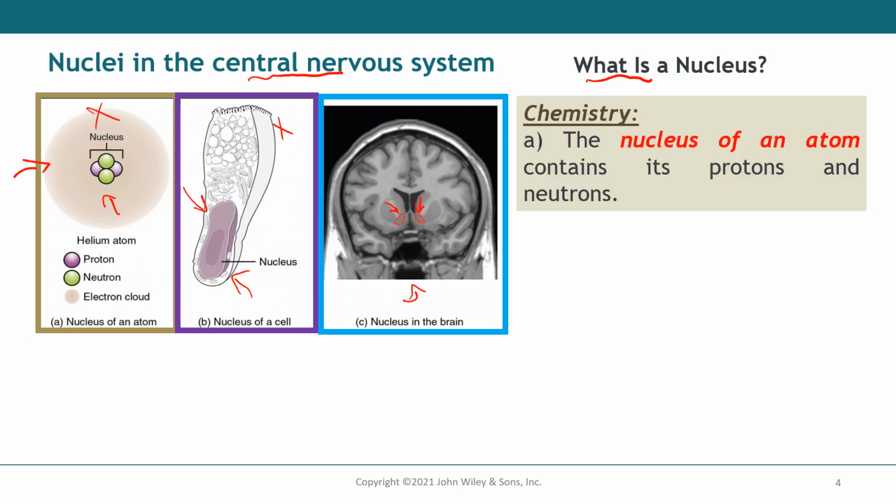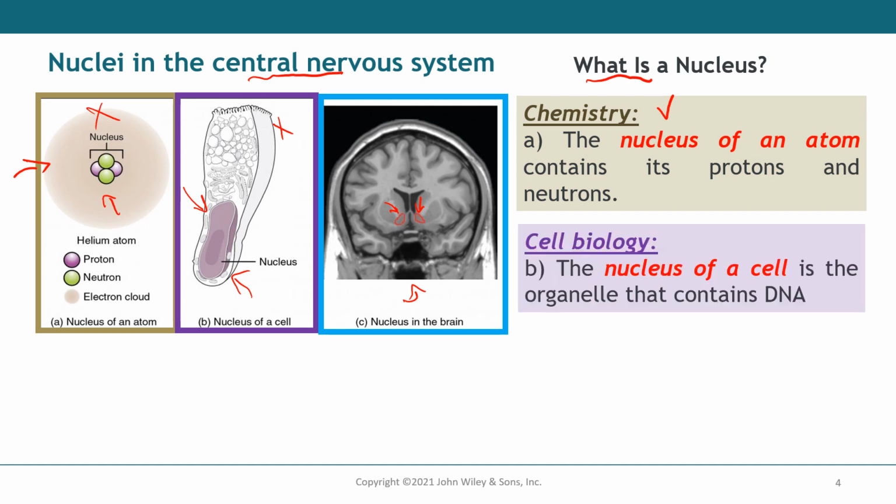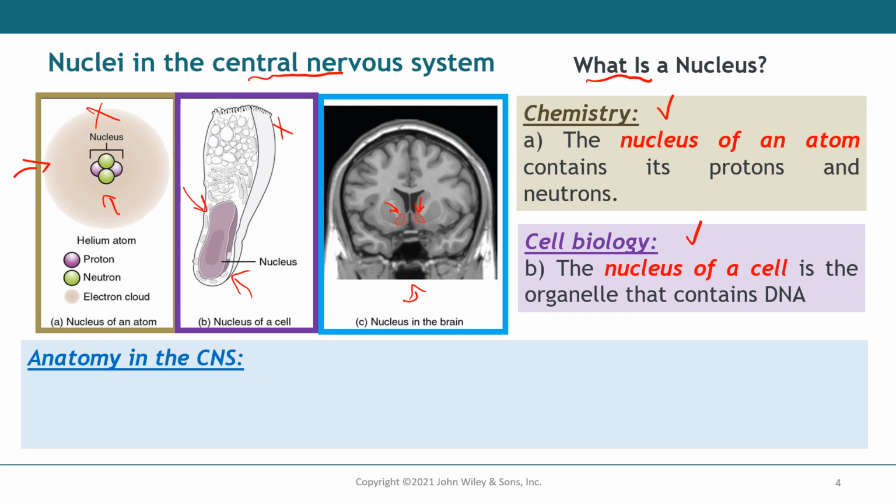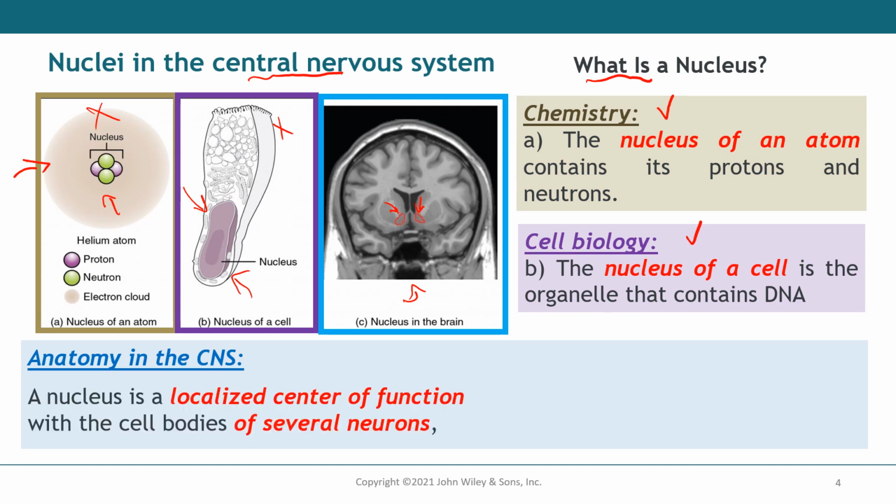The definition that you have in chemistry is correct, but it is different from the one that we discuss in this chapter. Also, there is a definition in cell biology, but that one is different. The one that we're going to use is the one in neuroanatomy. In the central nervous system, a nucleus is a localized center of function.